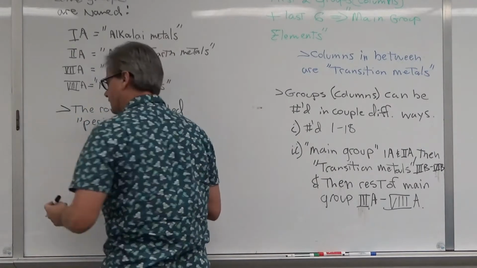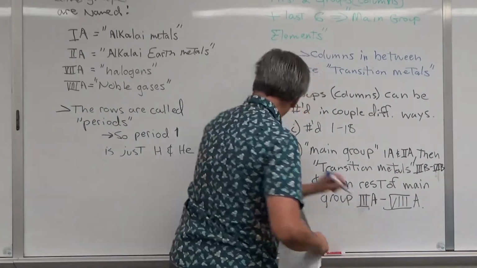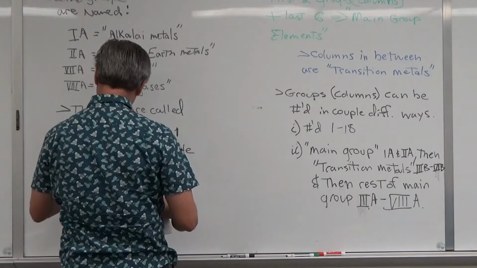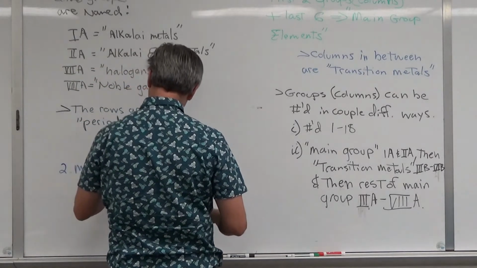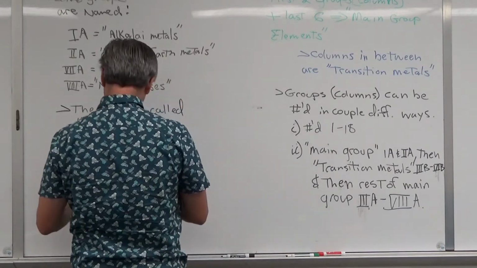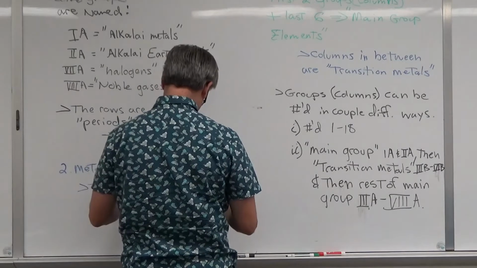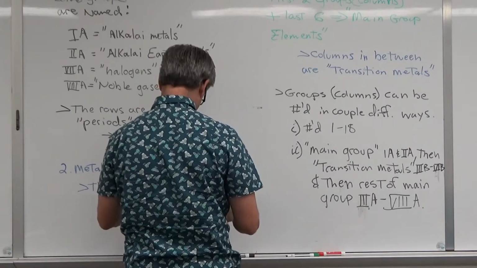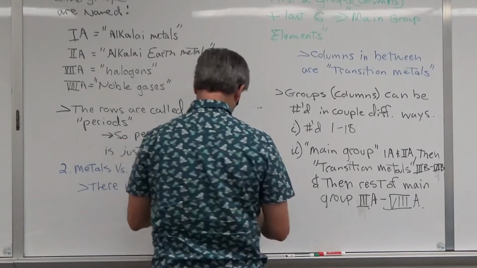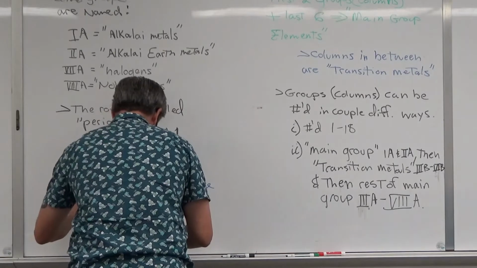Okay, so still looking at the different ways that the chart is organized. There's metals versus nonmetals. There is a squiggly line, S-Q-U-I-G-G-L-E-Y, squiggly line from boron to antimony.